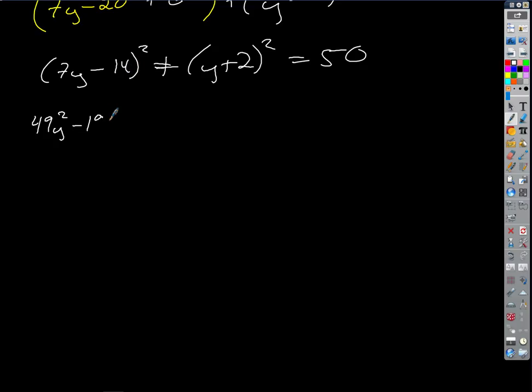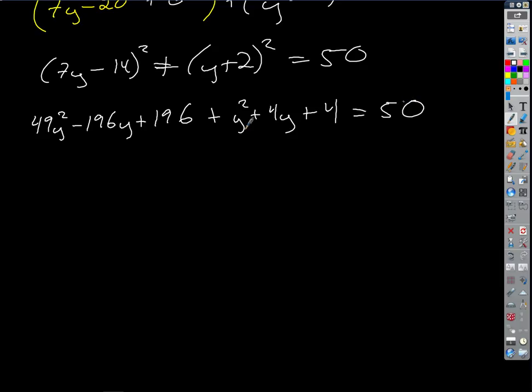So we get minus 196y plus b squared, well, that's 14 squared, 196, right? Plus, how about here? y squared, plus 2 times y times 2, plus 2 squared, right? Now what? Combine like terms.